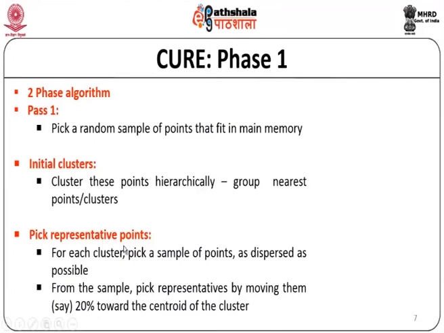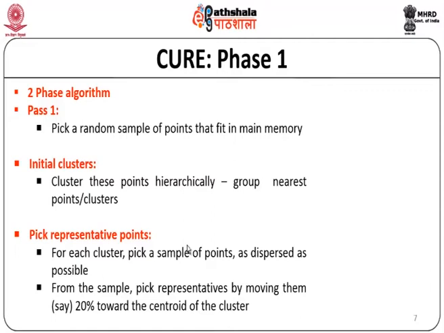For each cluster we pick a sample of points that is as dispersed as possible, and these are the representatives. These representatives will then be moved towards the centroid, that is, dragged towards the center, to the extent of 20%.